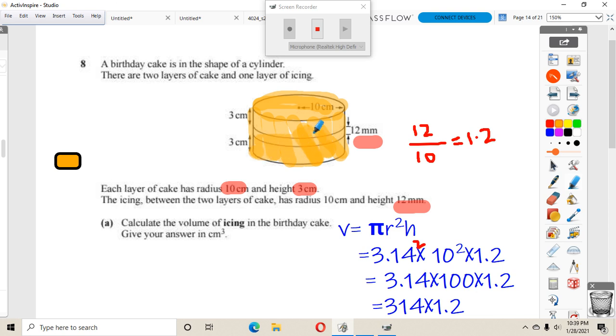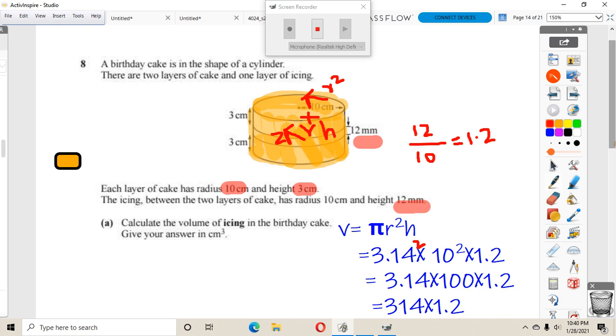This part is covered with the chocolate. We're supposed to find the total surface area of the cake covered with chocolate. Okay, the upper part is pi r square, and this one is 2 pi r h. Then we add these two areas to get the answer.